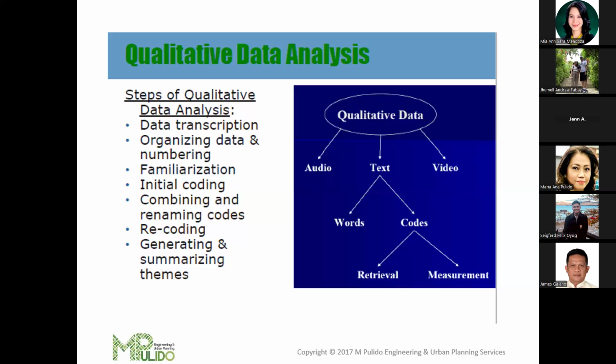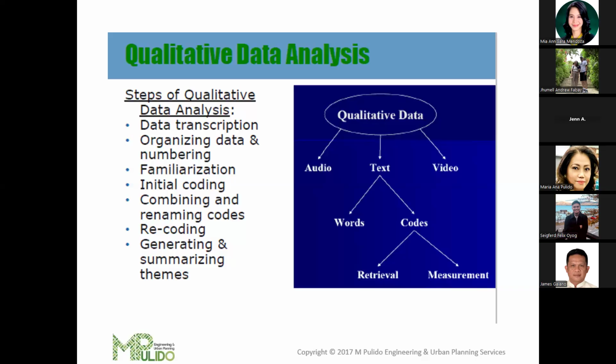Then we move to initial coding, where we label parts of the data with short descriptors. For instance, if a respondent says, we're not consulted in development plans, you might code that as exclusion or lack of participation. So you need to label it. As more data comes in, you begin combining and renaming codes, as in the next bullet, to make them consistent and meaningful.